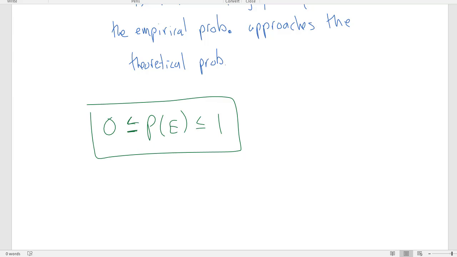So I can have a probability equal to 0. Let's say in that die rolling example, I say, what's the probability I roll a number less than 7? Well, all 6 sides are less than 7. So we would say 6 out of 6 are less than 7, and that's 100%, right? That's a 1. So we can have probabilities that are equal to 0, we can have probabilities equal to 1, and then all other probabilities have to live within that range of 0 to 1.